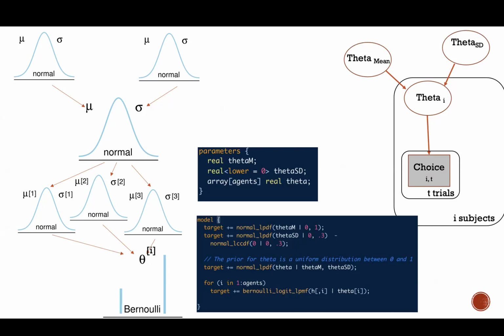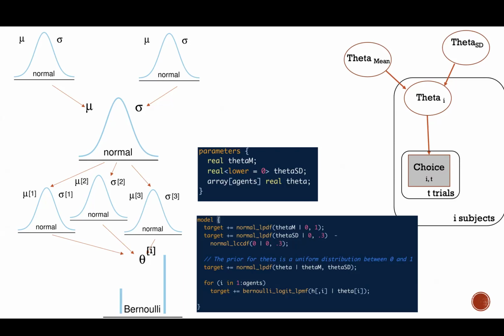Our model puts a prior on theta m, the mean for theta at the population level, and puts a prior on theta standard deviation. The prior is simple for the mean: it's normal with a mean of 0 and standard deviation of 1, because then we're going to put it on a logit scale, and all is good.